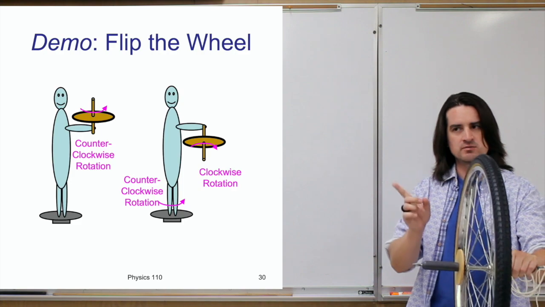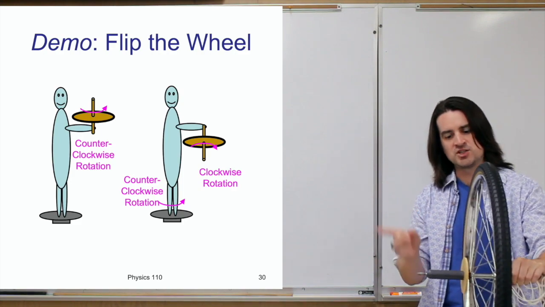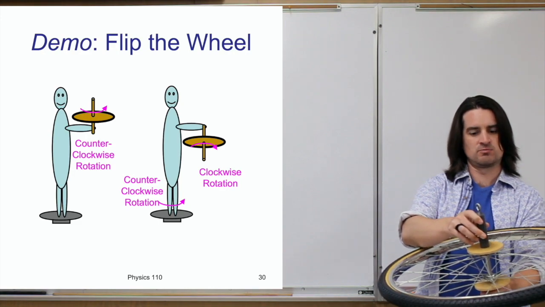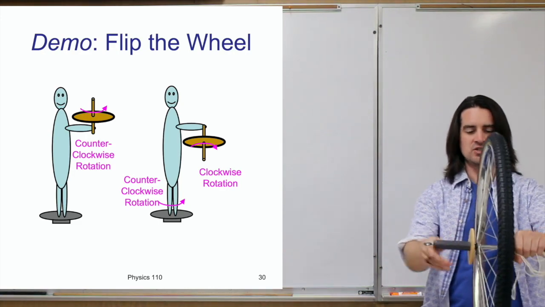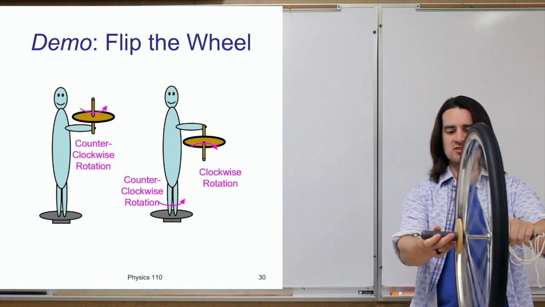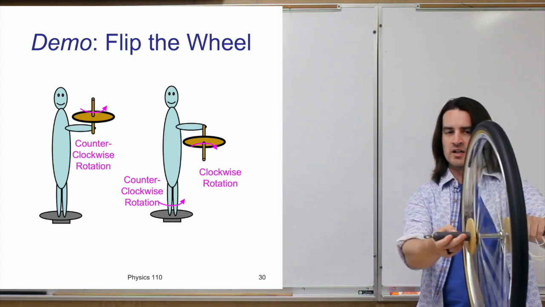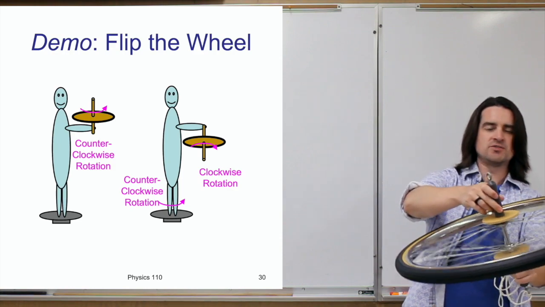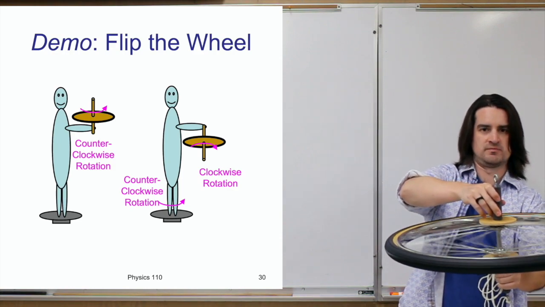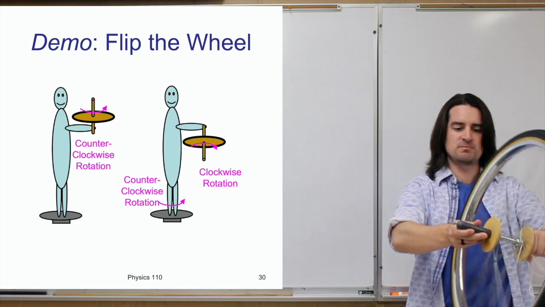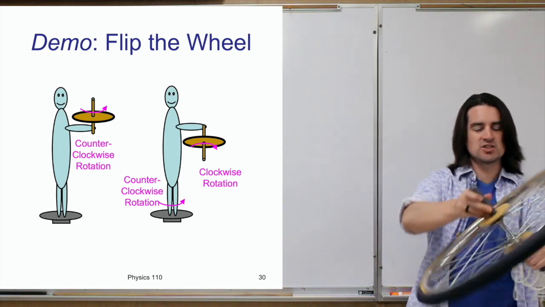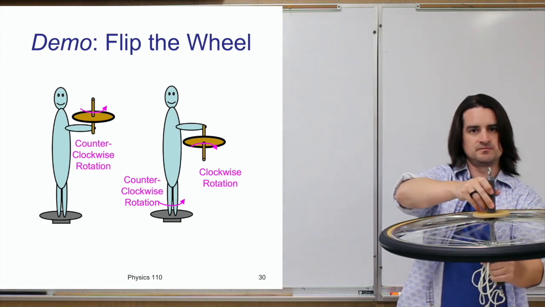So I can change rotational momentum by changing the direction or the orientation, the way that an object is rotating, right? So essentially, if I spin this bicycle wheel like this, that's one rotational momentum. And if I just turn it, I change this rotational momentum. So just by having something spinning and turning that thing around, that's a change in its rotational momentum.